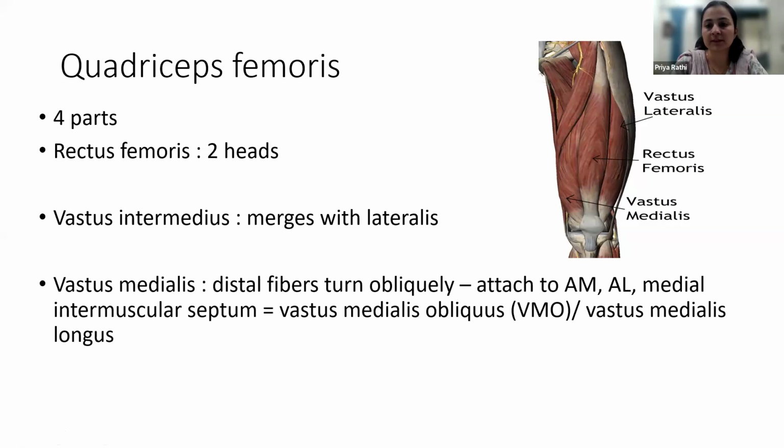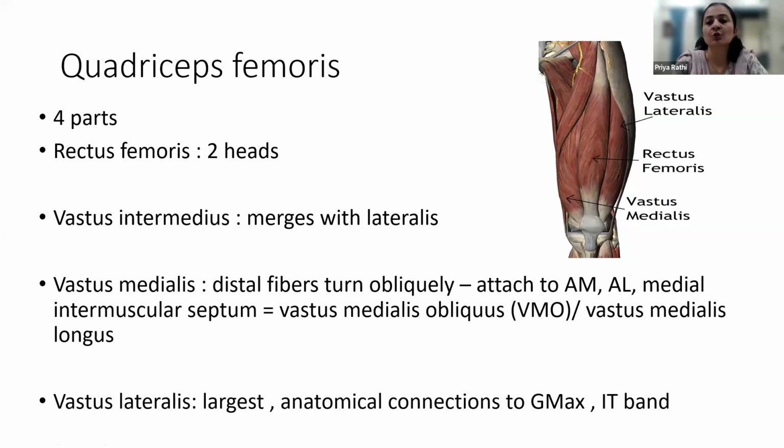This whole complex is known as vastus medialis obliquus, and some authors refer to this as vastus medialis longus. Then there is a huge muscle called vastus lateralis. This vastus lateralis has anatomical connections to gluteus maximus and iliotibial band.